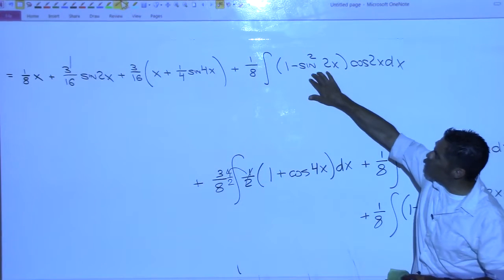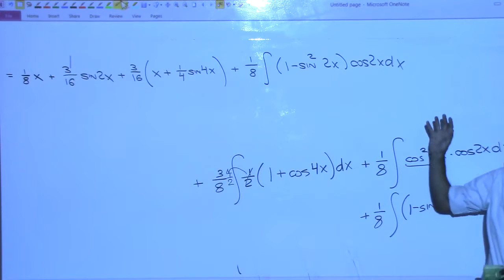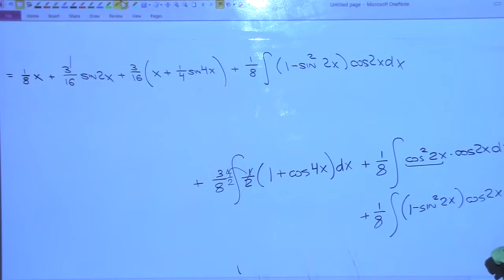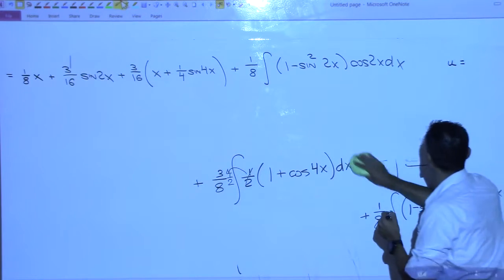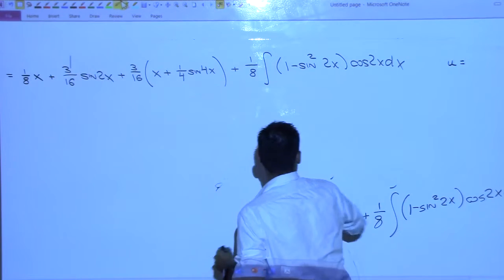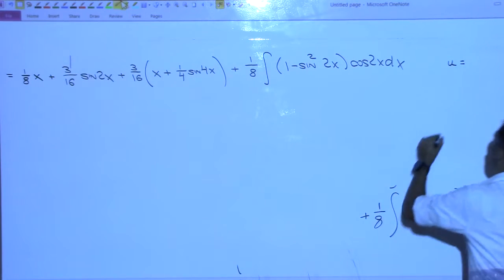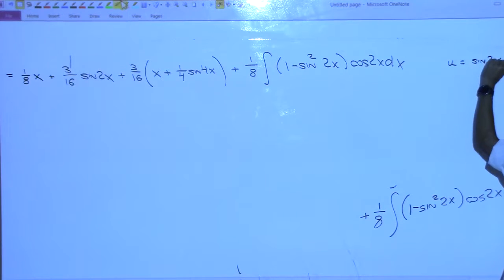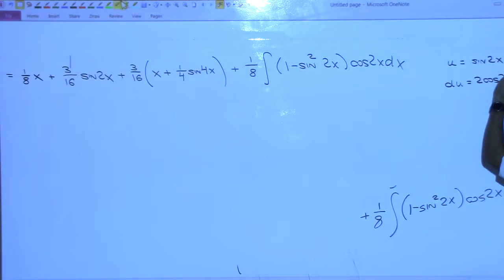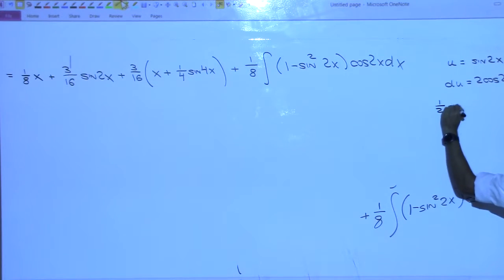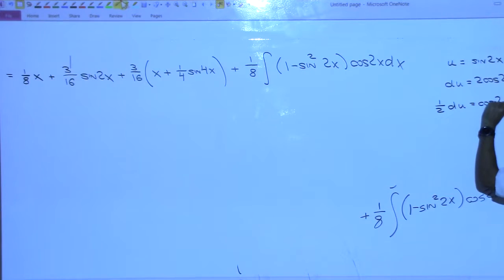So, once we're here, do we see something in its derivative? Like a basic u sub. Okay, so what would the u be? Sine 2x. Derivative of that is going to be 2 cosine 2x, which we don't have the 2, right? So we just hit it with a half dx.